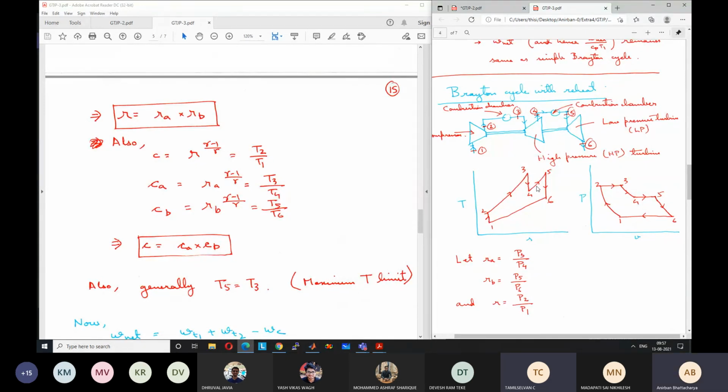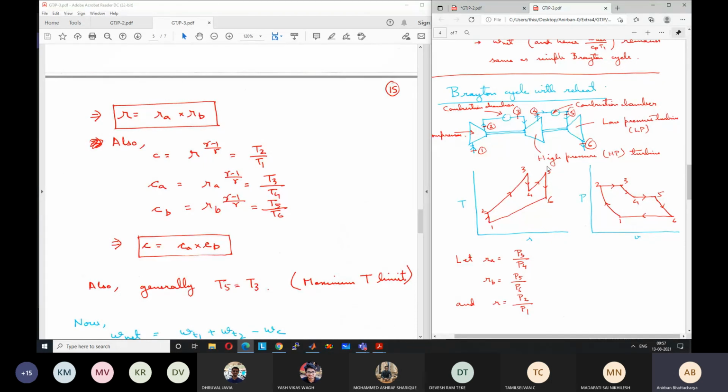Correct. So say if I know that the maximum temperature that can be sustained is 1200 Kelvin, and I make T3 equal to 1200 Kelvin, but T5 equal to 900 Kelvin only.